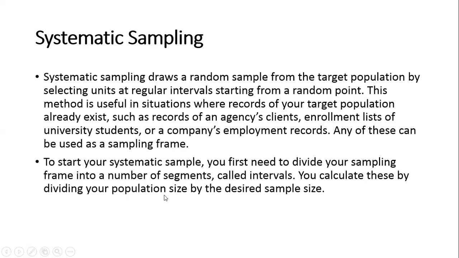Then from there, let's say you decide, going by the serial number of the matric numbers, to take every fourth or fifth student. Okay, you pick a student, you count 1, 2, 3, 4, then the fifth one you pick that. 4, 5, 6, 7, 8, the 10th one you pick that, just like that. So when you do that, that is systematic sampling. This works when a record of the entities involved already exists.